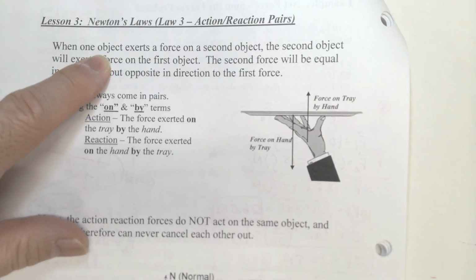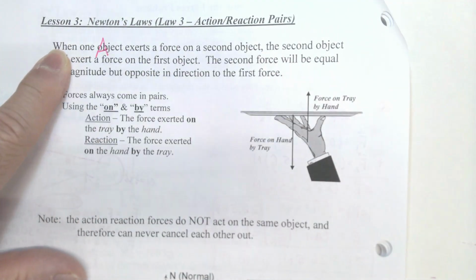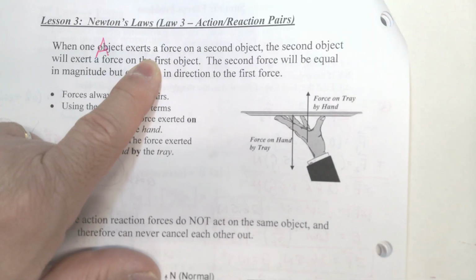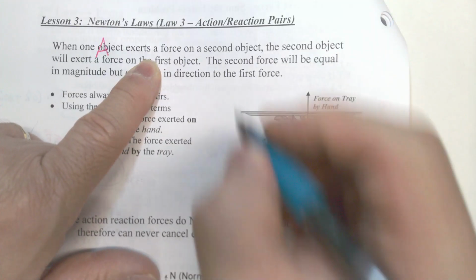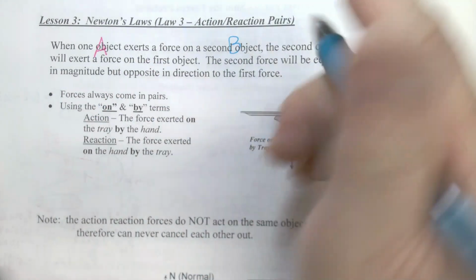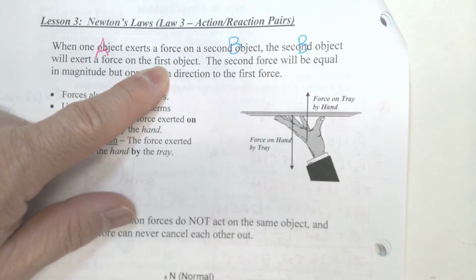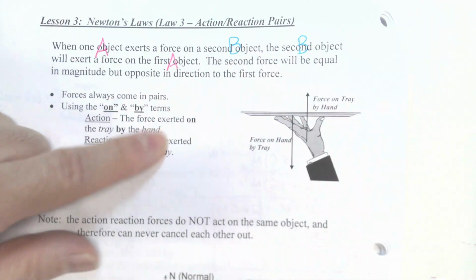When one object, let's say A, exerts a force on a second object, I'm going to call that second object B, the second object will exert a force on the first object.